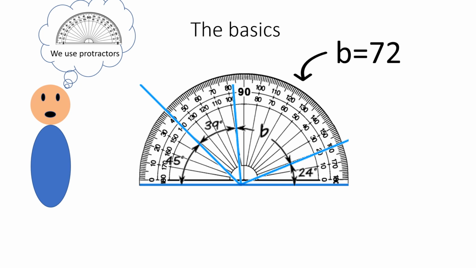But if you don't have a protractor and it's a straight line like this, then you add this up and subtract it from 180, because 180 is a straight line.